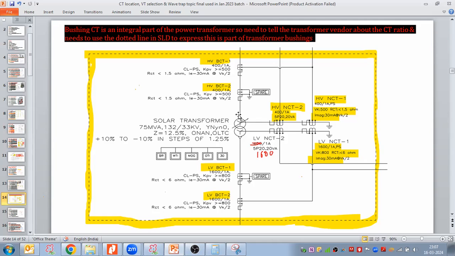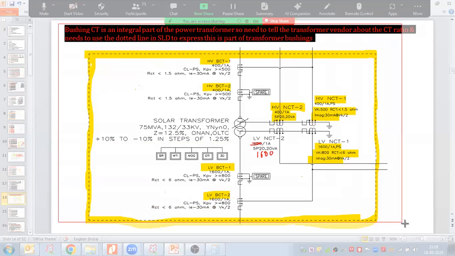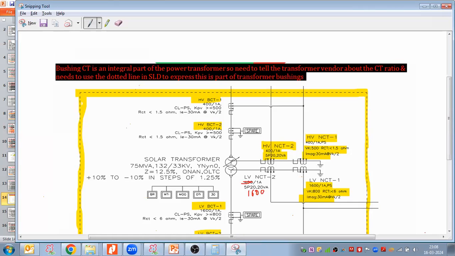So what is the mistake here? Could anyone point out the mistake? What's the mistake here? The mistake is that this grounding should be here, right? Because grounding is not in the transformer right now. Am I correct?